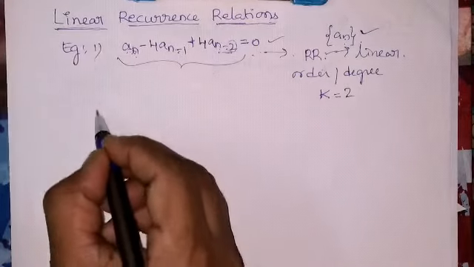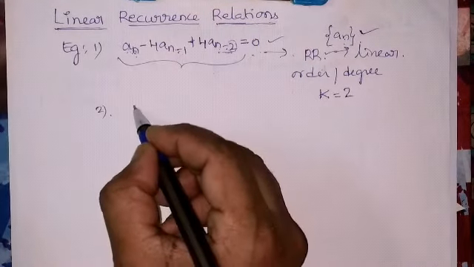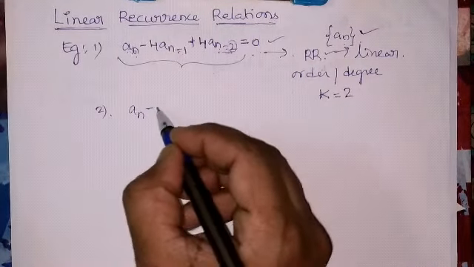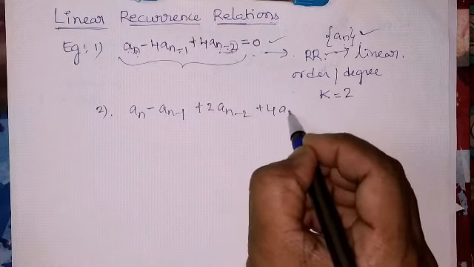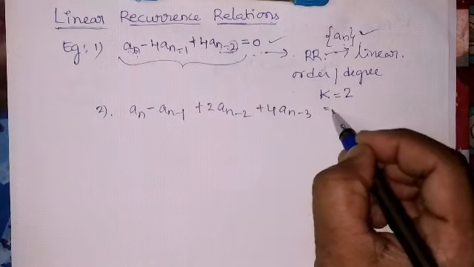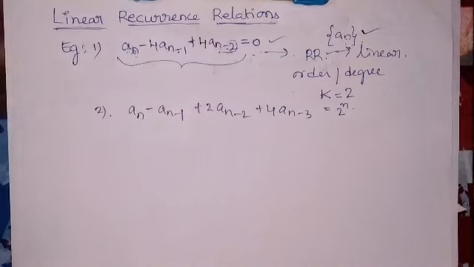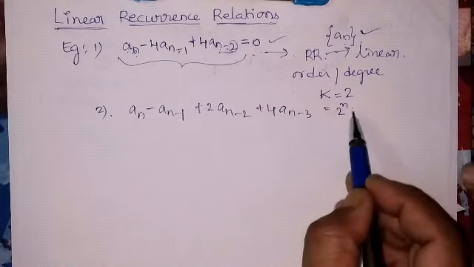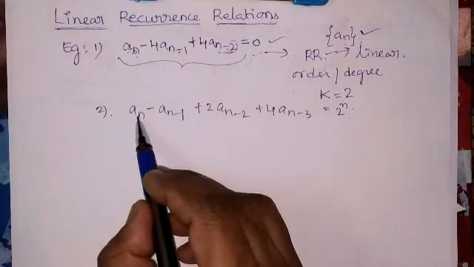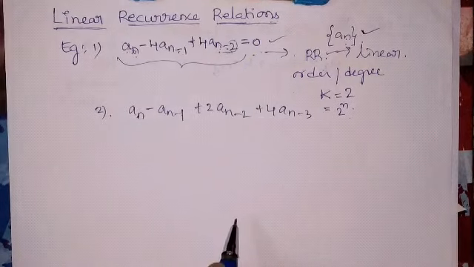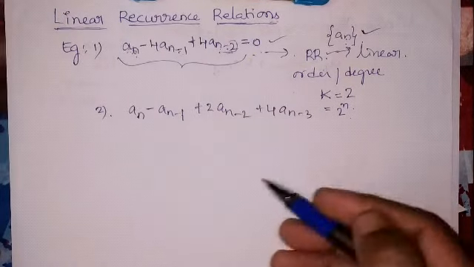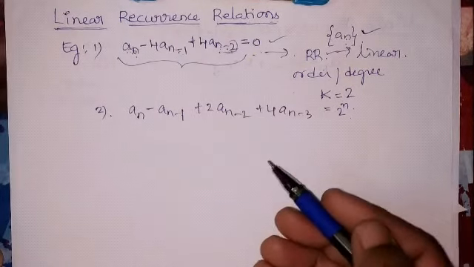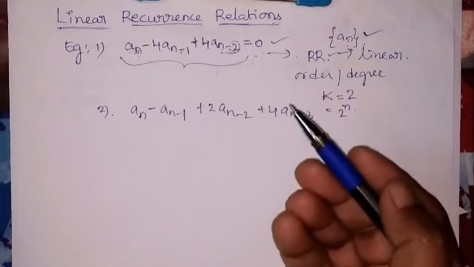Let me give another example. Suppose we have a_(n-1) plus 2 a_(n-2) plus 4 a_(n-3) is equal to 2 power n. Here, the equation involves a_n and its previous 3 terms. So this is also a recurrence relation, also called a recurrence equation.